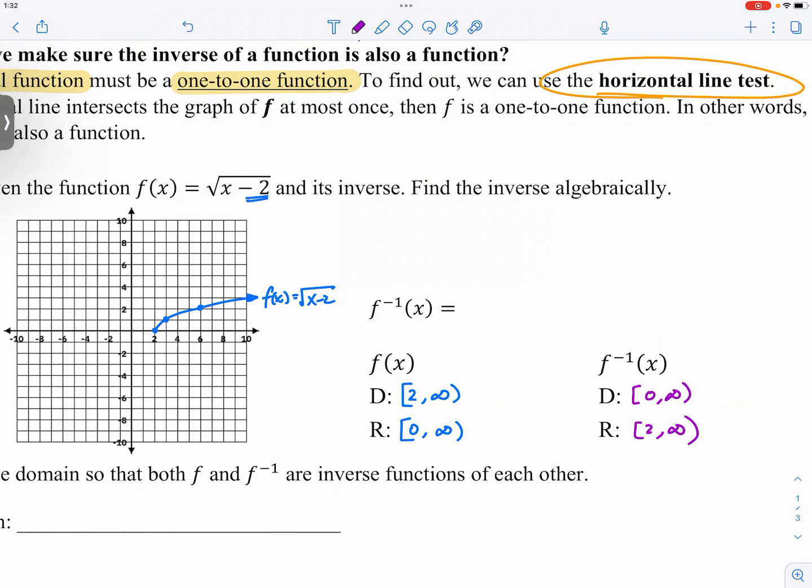The domain of f of x will now be the range of the inverse of f. And the range of f of x would now be the domain of the inverse.